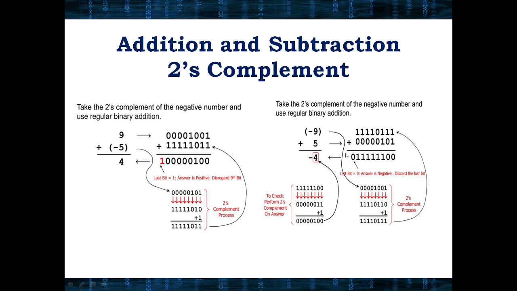If you want to cross verify, take this value and perform the 2's complement again, and you will get the positive value, that is plus 4. So that means the 2's complement method we are using here is correct.